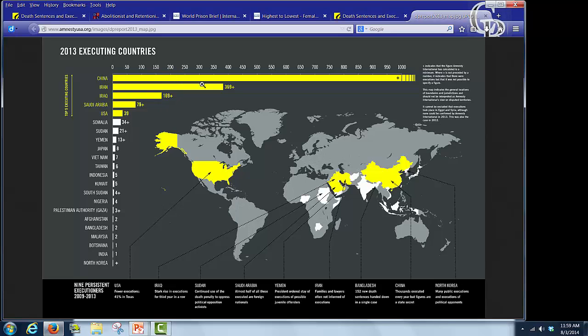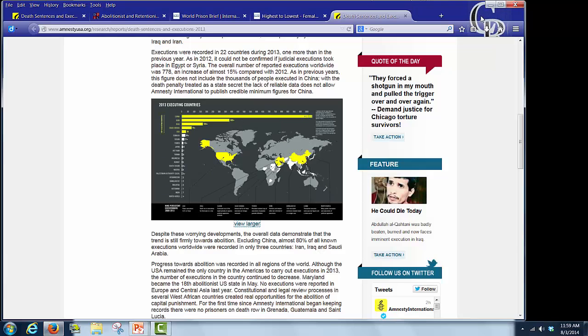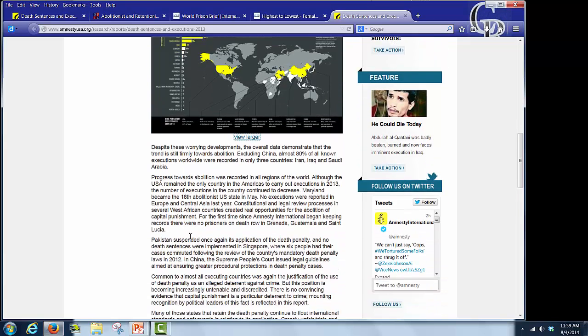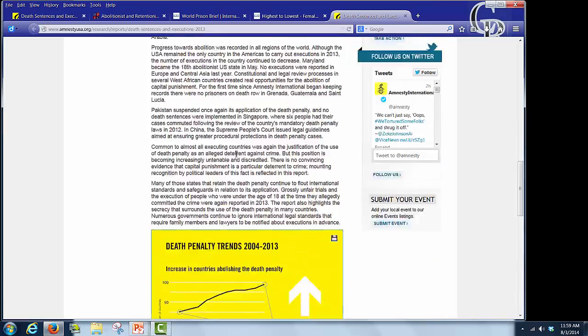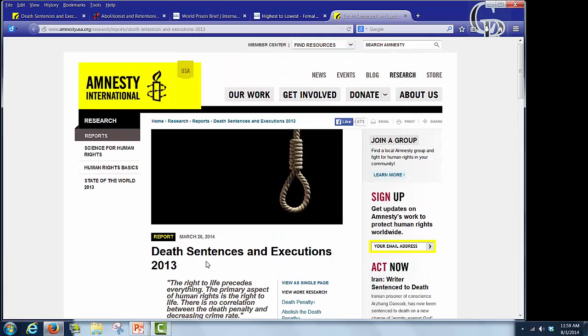But you'll also see that the vast majority of executions that occurred in 2013 occurred in these 3 or 4 countries, and then 5 if you included Somalia. That gives you an idea of the breakdown that Amnesty identifies, and the way they go about tracking is also interesting. So if it's a topic that's of interest to you, I encourage you to take a look at the 2013 data for more recent information.